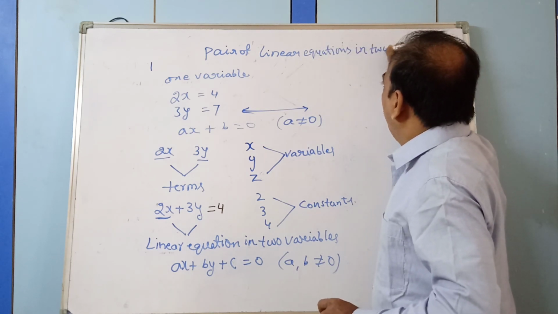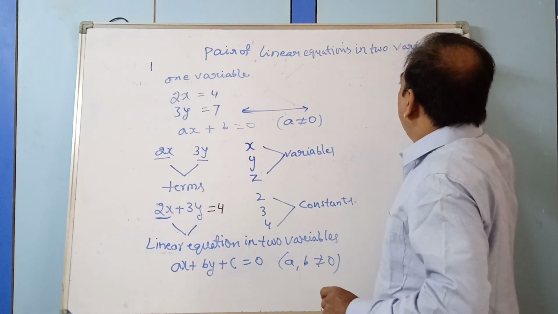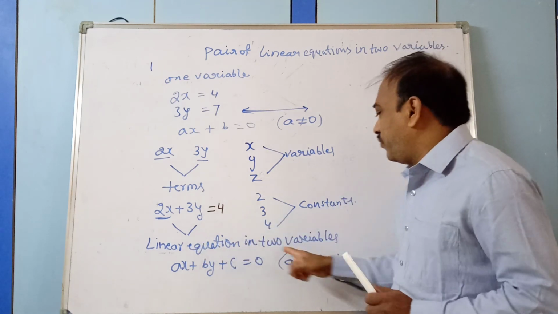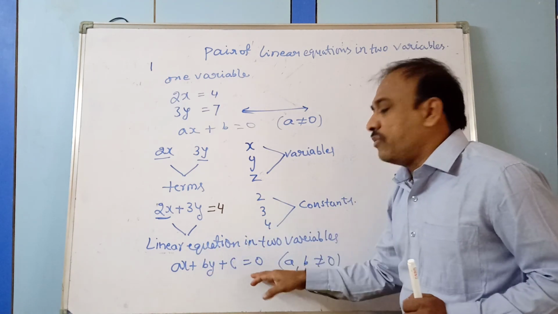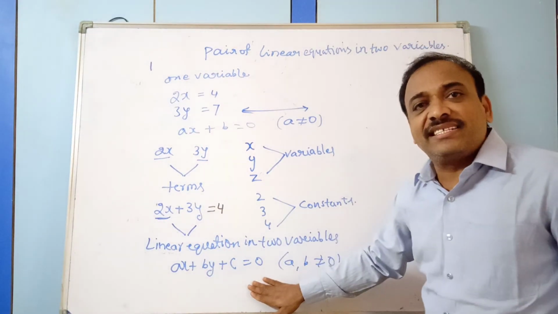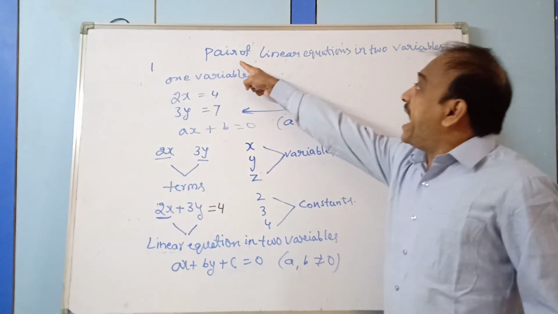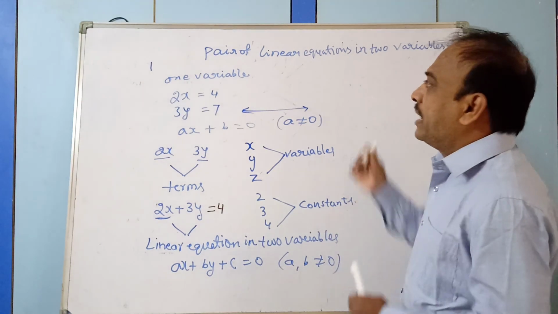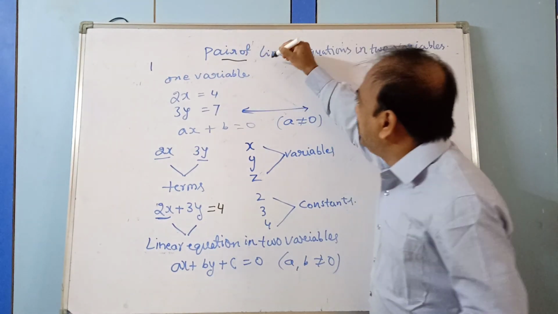Linear equation in two variables, ax plus by plus c equal to 0, this topic we discussed in class 9th. Now pair of linear equations in two variables is our today's topic.